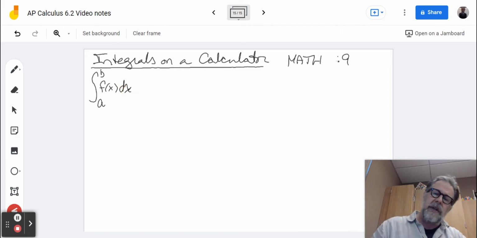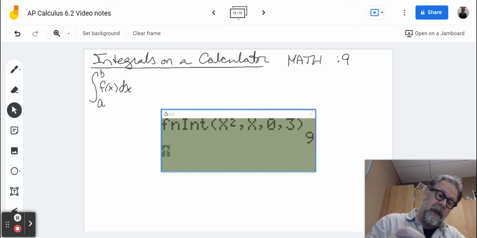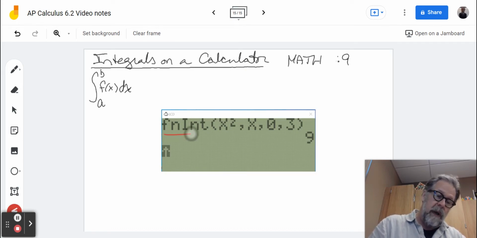If you've got a TI-83, it's going to look something like this. I'm going to be doing a little bit of back and forth cutting and pasting to show you what they look like. When you choose Math 9, you're going to see the function integration. You type your function in right here.